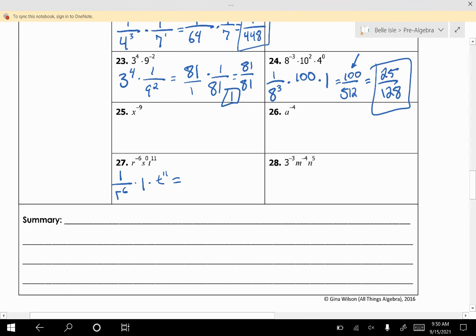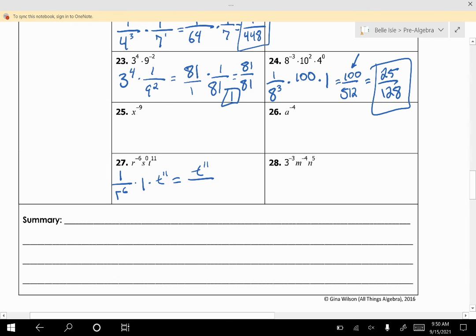Okay, so that is going to come out to, what all are you going to have up on top? 1. What else? Nothing else? Not sure? t to the 11th is going to be on top as well.